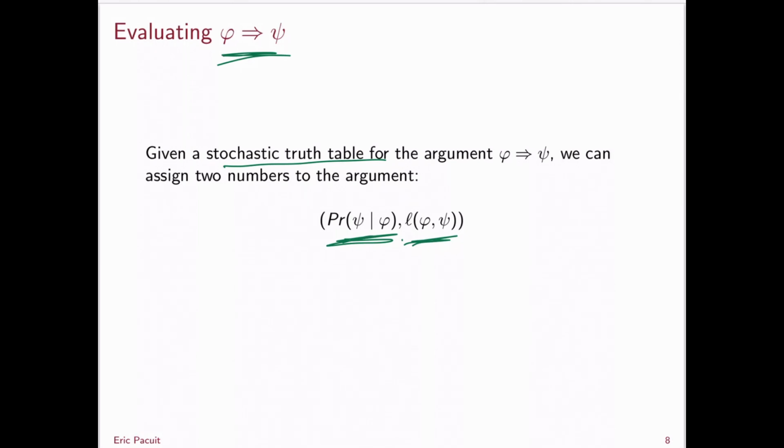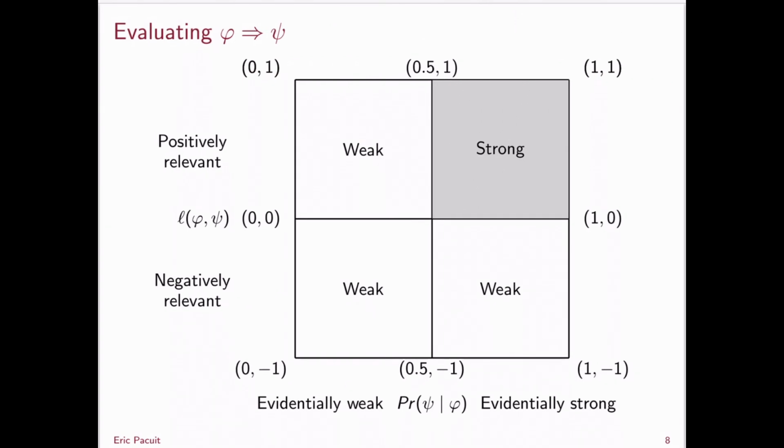And both numbers measure some aspect of what it means to say that phi implies psi is a strong argument. Using that, we can evaluate whether or not arguments are strong or weak. We just need to evaluate it on a grid because we have two numbers.